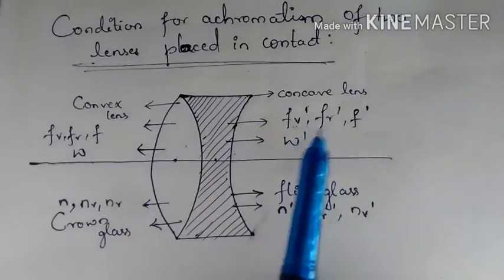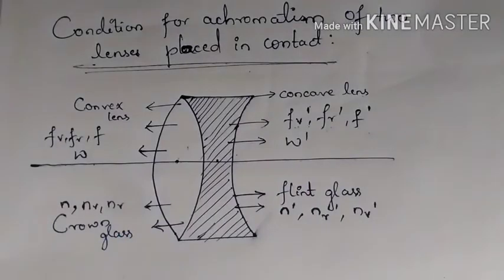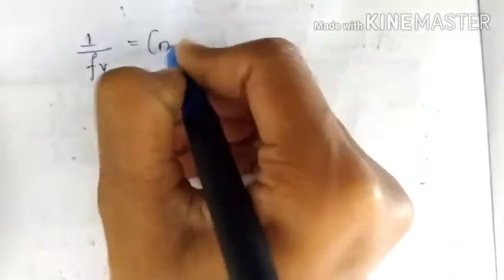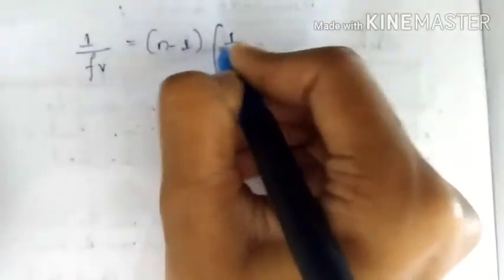and what will be the focal length for the red color and what will be the focal length for the mean ray. So 1 divided by Fv is equal to (n minus 1) times (1 by R1 plus 1 by R2).